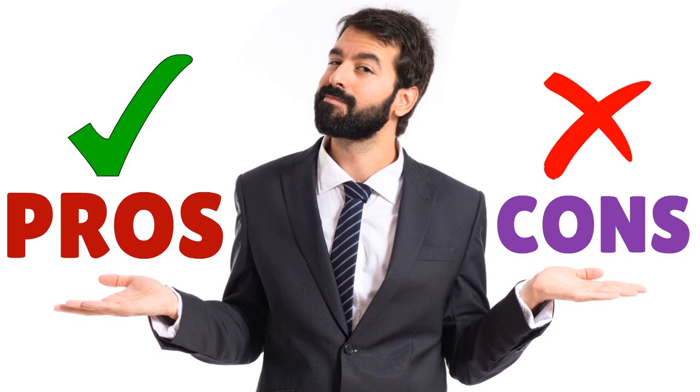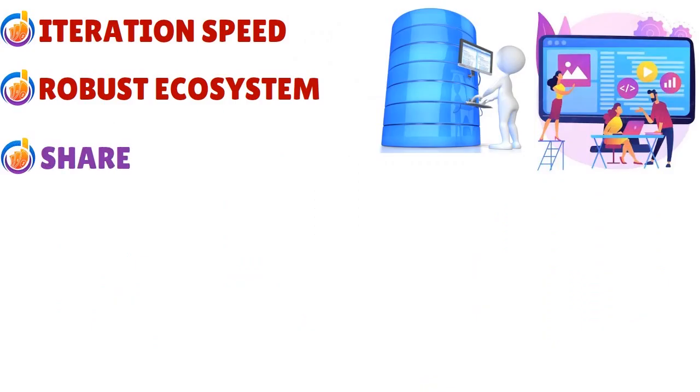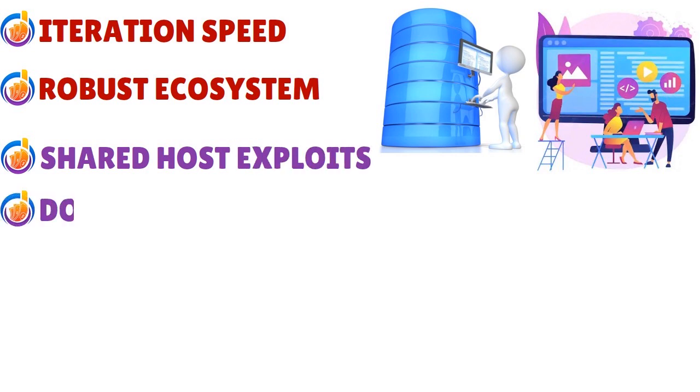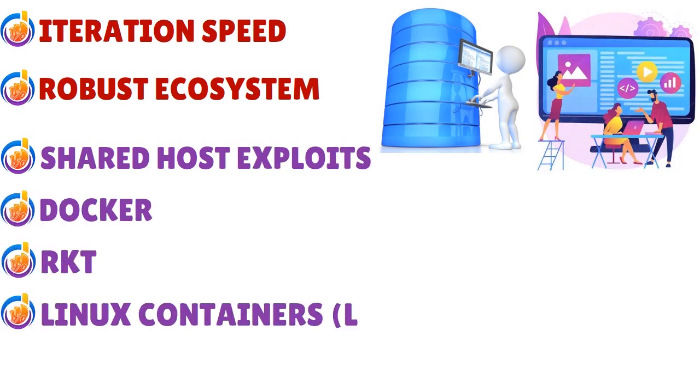You also have the cons. You do have shared host exploits. You have Docker, you have RKT, you have Linux containers, and you also have CRI-O. If you think about shared host exploits, containers all share the same underlying hardware system below the operating system layer, so it is possible that an exploit in one container could break out of the container and affect the shared hardware.